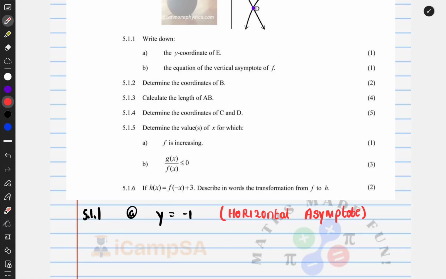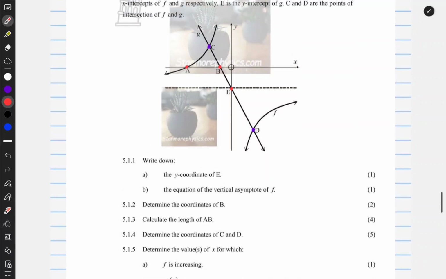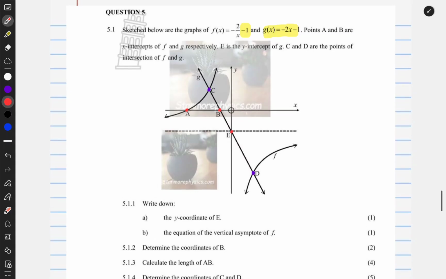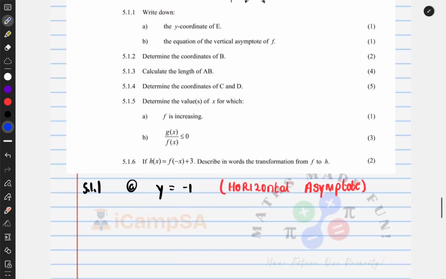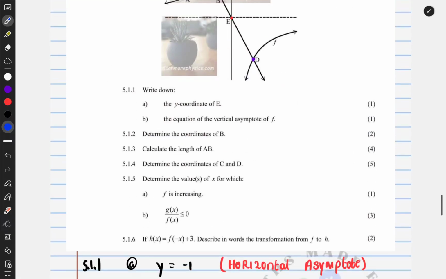But then E also just happens to be the y-intercept of the graph of g. So we can also calculate the y value of E by using the equation of the straight line, which is g(x) = -2x - 1.